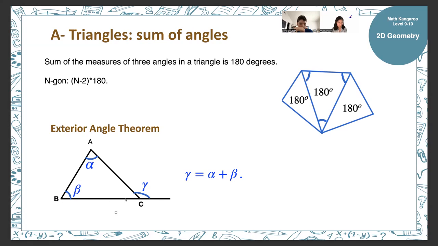If you have a triangle here, then the exterior angle at C is equal to the sum of the interior angles at A and B, right? Because the exterior angle here is supplementary to the interior angle at C, and angle C plus alpha plus beta is 180 degrees, so gamma must be equal to alpha plus beta. Very straightforward, but super useful.